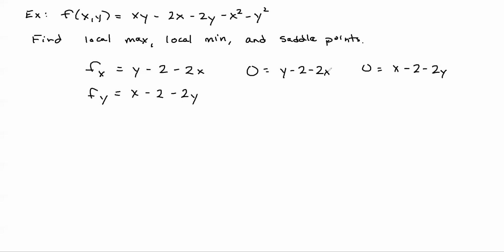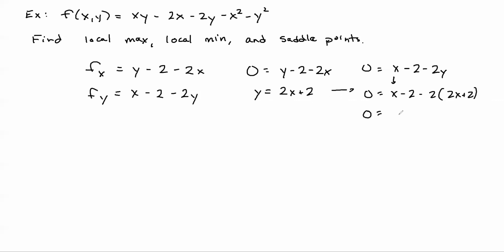In order to solve this, what you can do is go ahead and solve one of these and then substitute into the other. So you could move these two to the other side, and we'll get y equals 2x plus 2. Pop that into this other one, and you'll get 0 equals x minus 2 times 2x plus 2.